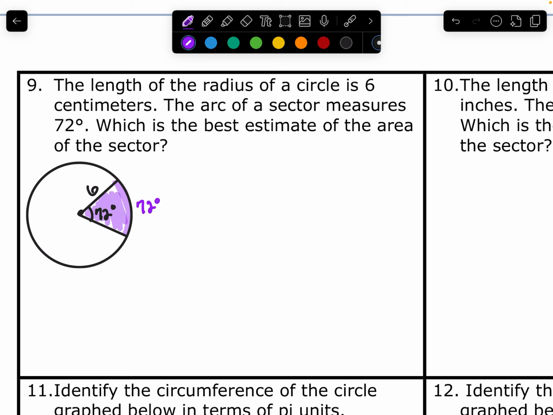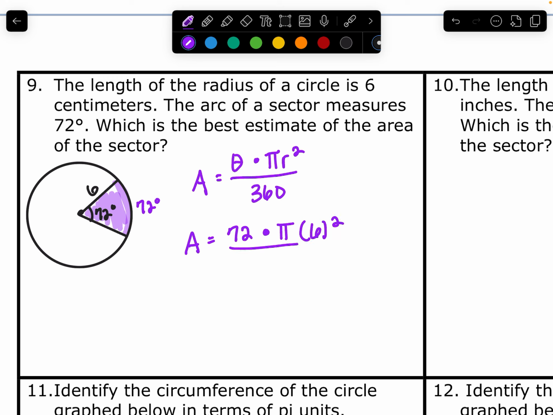The area of a sector is theta times the area of a circle, pi r squared, over 360. So that's going to be 72 for the theta. Again, theta is just the angle, times pi. Radius is 6. Square that 6. Put it over 360.